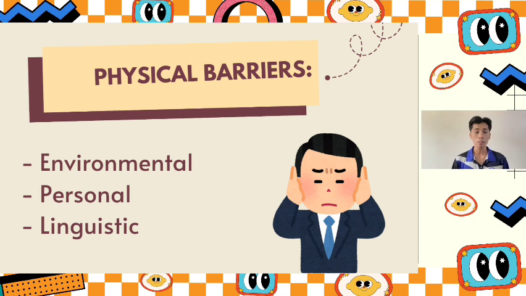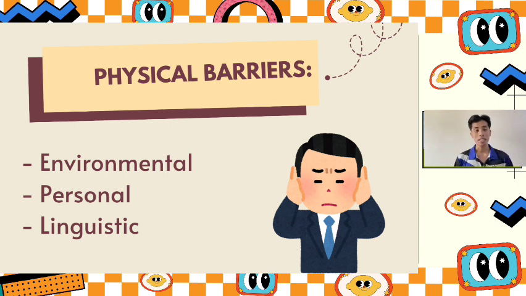The next example is unfamiliar vocabulary. So this is quite common. If the speaker uses words or phrases the listener doesn't understand, comprehension will be impaired. Here's another common example, rapid speech. If the speaker speaks too quickly, the listeners may not be able to keep up.